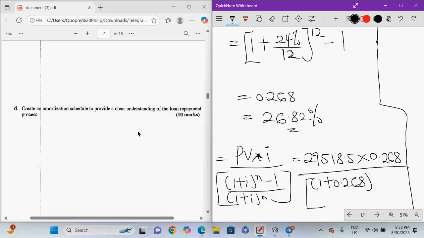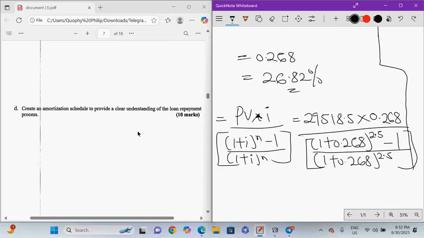Our n is 2.5, right? 2.5, minus 1, then 1 plus 0.268 bracket close to the power 2.5. So what is our A?